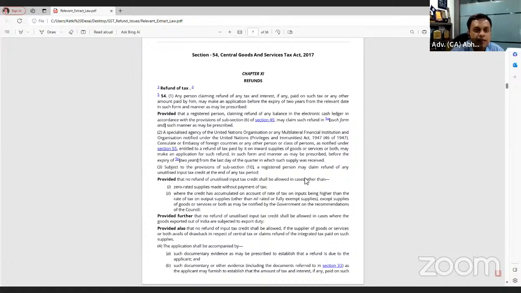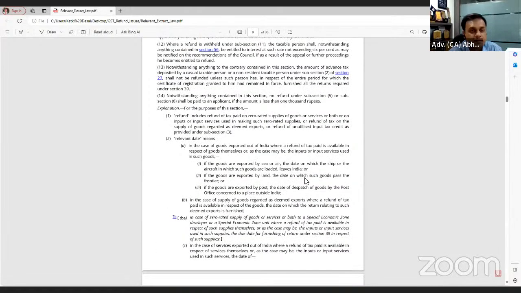The relevant date has been defined under section 54 explanation, which in the context of exports would be the date when the ship carrying the goods physically leaves the customs frontier. In case of services, it would be the date on which you realize the foreign exchange, or the date on which you issue an invoice, whichever is earlier.